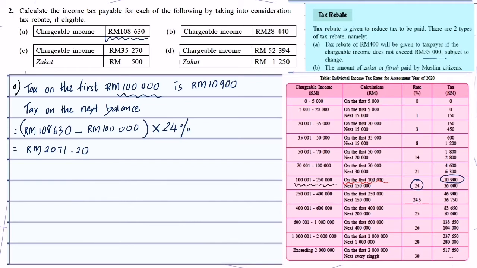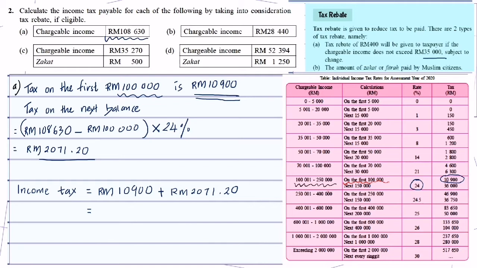So, income tax equals here 10,900 plus tax on the next balance 2,071 ringgit 20 cent.